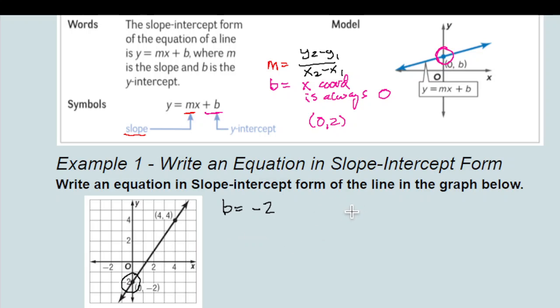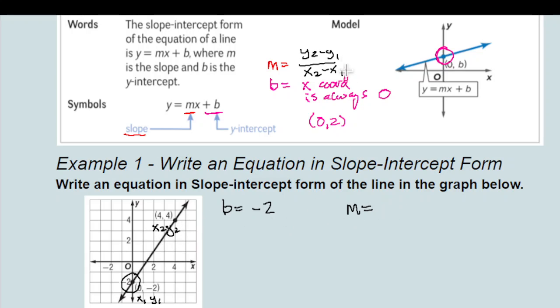And now to find our slope, we're going to use the 2 points that they're giving me, right? So they're giving me the point 4, 4 and they're giving me the point 0, -2. So if we think of this one right here, let's use the one on the left as x1, y1, and you think of this one as x2, y2, right?